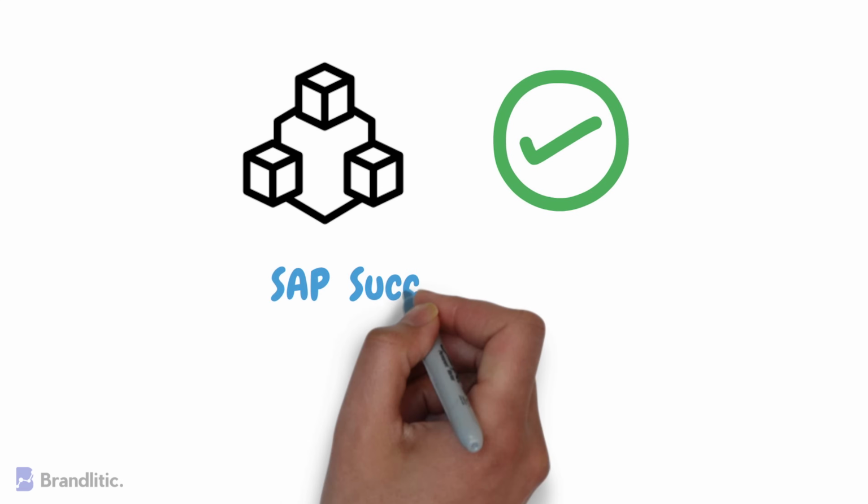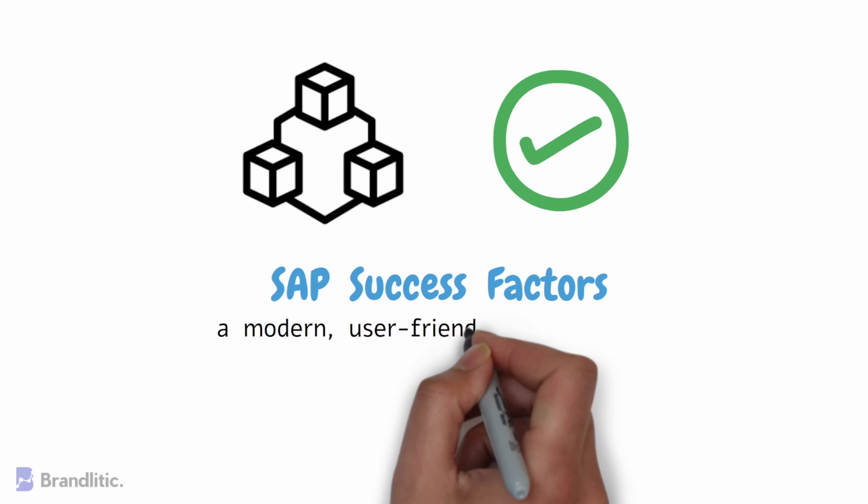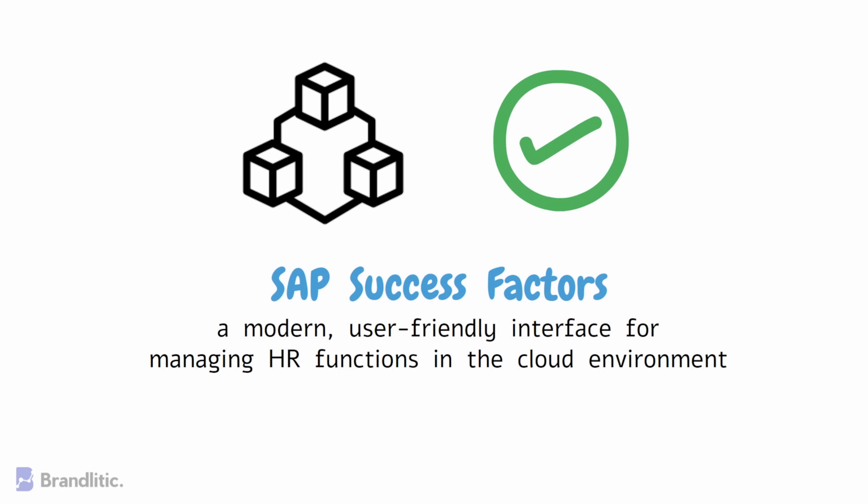Additionally, SAP SuccessFactors is a cloud-based HR solution that provides a modern, user-friendly interface for managing HR functions in the cloud environment. By leveraging SAP HCM and SAP SuccessFactors, organizations can create a unified HR management system that enables them to streamline HR processes and enhance the employee experience.